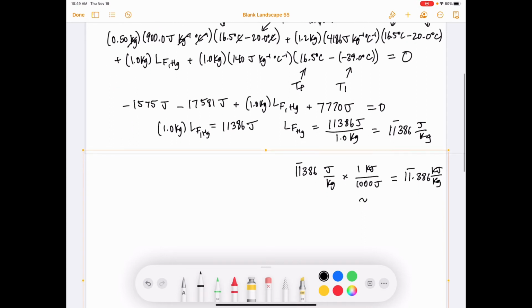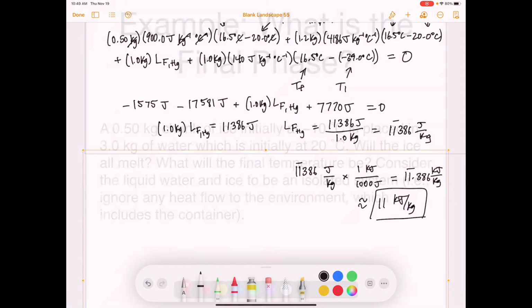And then if we round it to 2 sig figs, it's about 11 kilojoules per kilogram. So if you have mercury that is right at the melting point, it takes about 11 kilojoules of energy to get a kilogram of that mercury to melt. That's what we found here.